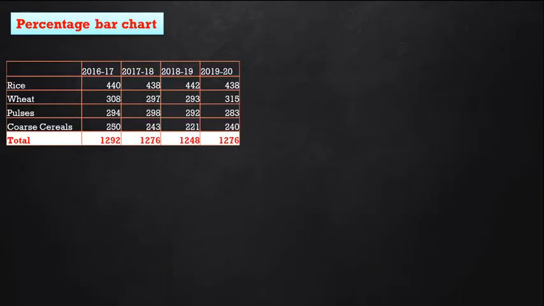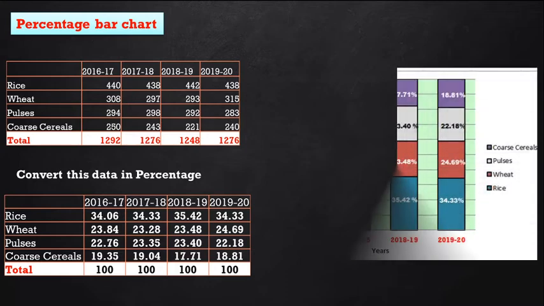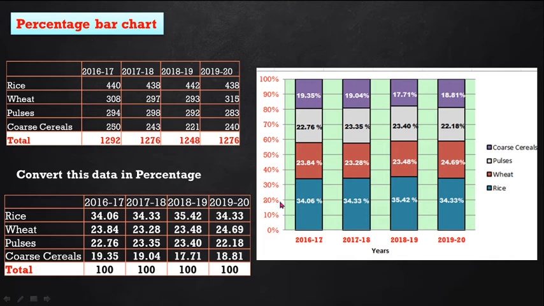Now, the percentage bar diagram. Like previously we saw the divided or component bar diagram, that can also be converted to percentage and it can be seen like this. If you see this, the top of each bar is 100%. Previously we had different heights, here we have the same height.